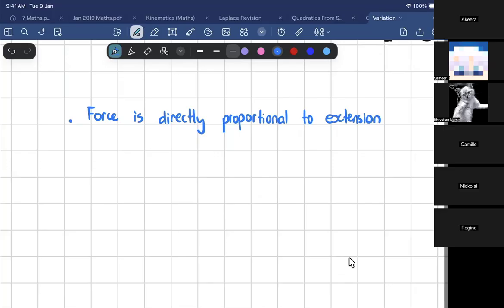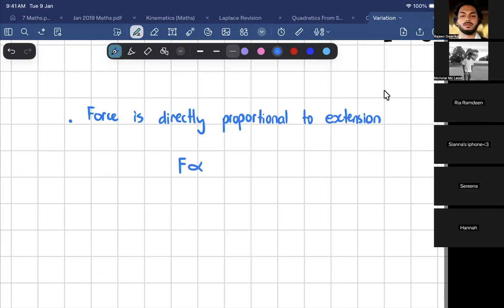I heard two people just now. One of you, tell me. So would it be F and then the directly proportional sign, which is like the fish without the second part, and E, or KE? Yeah, you're correct.